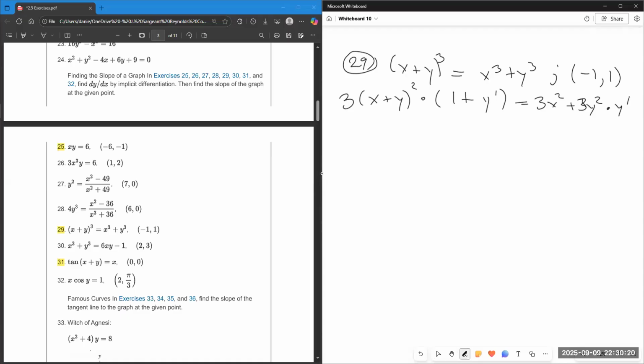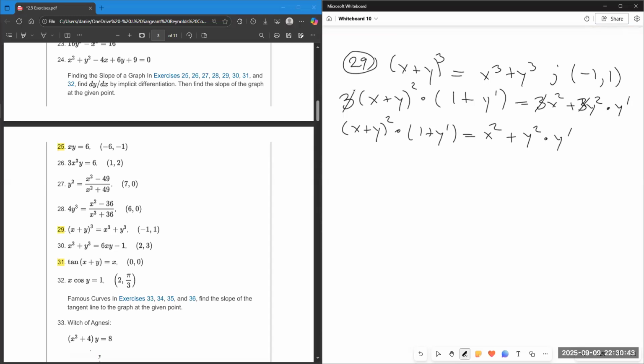First thing I see is that there's a common factor of 3 in every term that I'm going to divide out to make x plus y quantity squared times 1 plus y prime equal to x squared plus y squared times y prime.